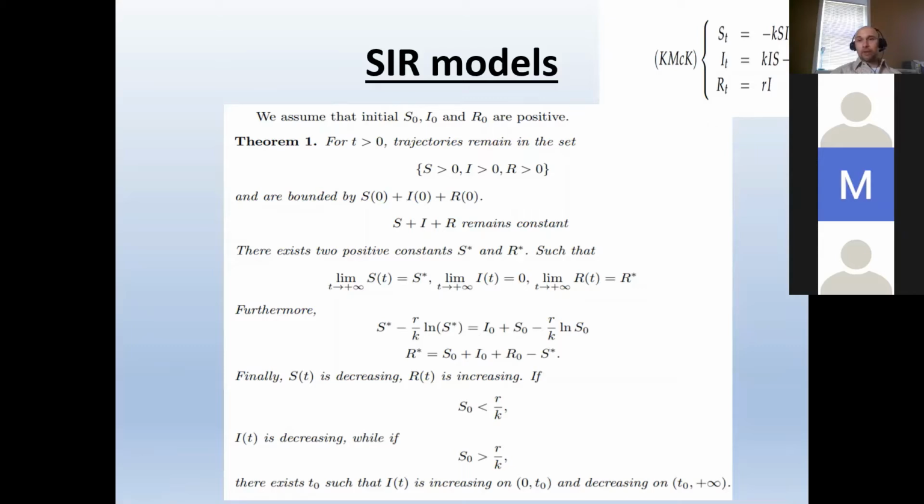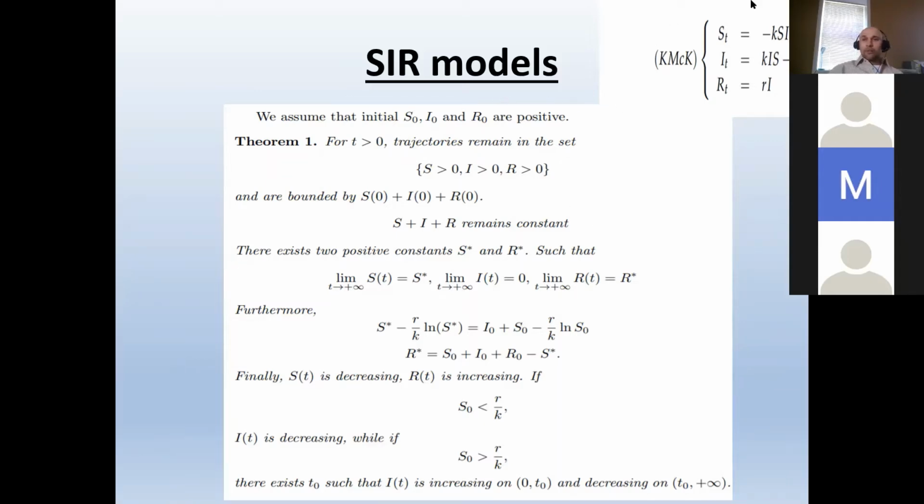So we have this dynamical system. This is the SIR model introduced by Kermack and McKendrick. I also mention as a reference the book of Murray, Mathematical Biology, which has a paragraph on this model. Okay, so let's go back to the theorem.